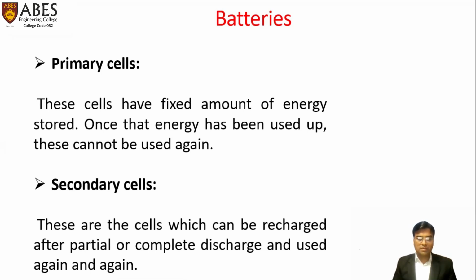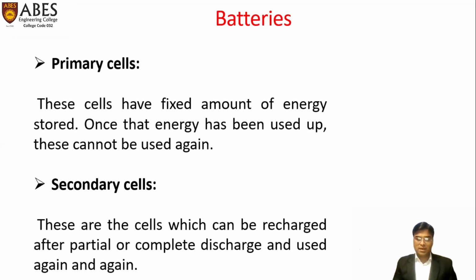Secondary cells are those cells which can be recharged after partial or complete discharge, and these can be used again and again. So the cycle of charging and discharging can be repeated a number of times. After discharging, these can be restored to their original condition by forcing an electric current through them.